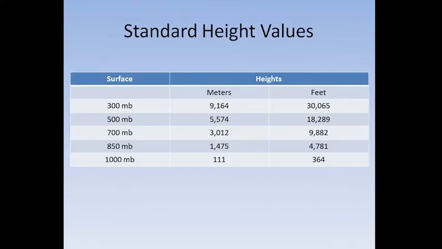So here are your standard heights. 1,000 millibars is approximately 364 feet, or 111 meters. 850 is 1,475 meters, or 4,781 feet, roughly 5,000 feet. 700 is just under 10,000 feet. 500 millibars is just over 18,000, and 300 is right around 30,000, so that's the easiest one to remember.